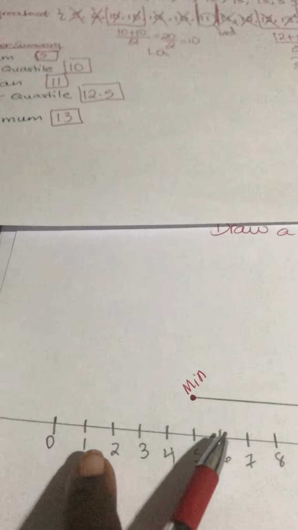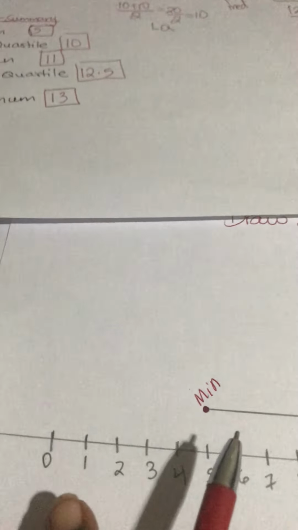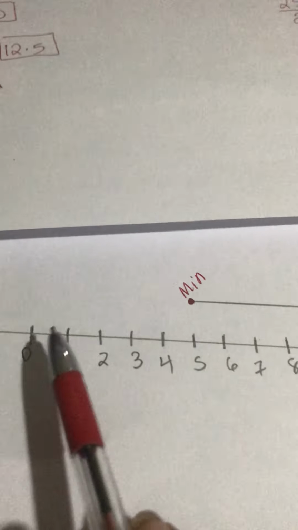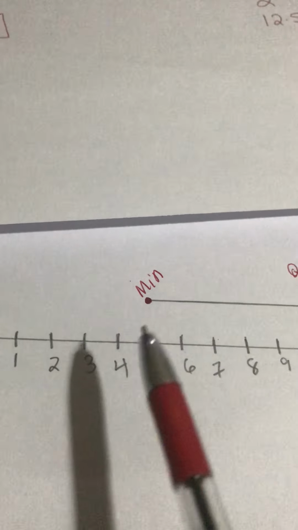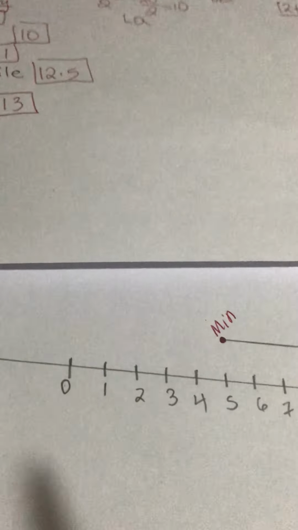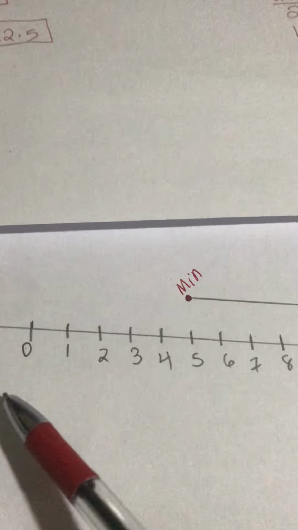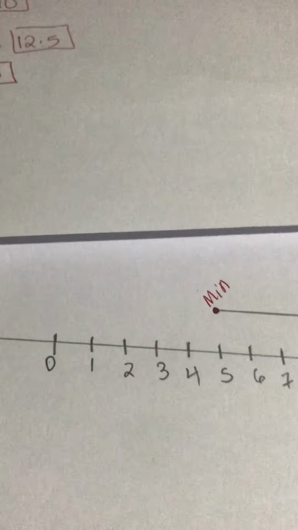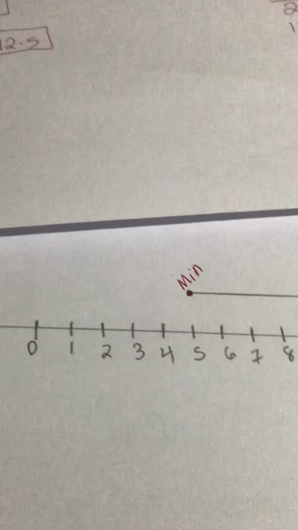Very neatly, you label your number. So if you start with 2, 2, 4, 6, 8. I don't want to see 2, 3 like this. If you start with 5, 5, 10, 15, 20, 25. If you start with 4, use multiples of 4. 4, 8, 12. Like that. 4, 8, 12, 16. Like this.